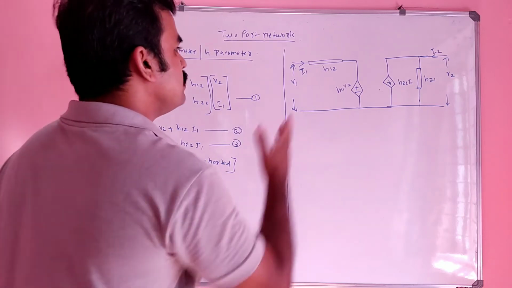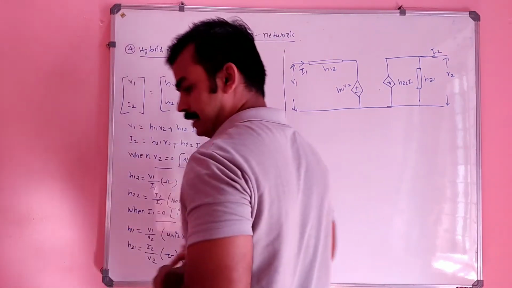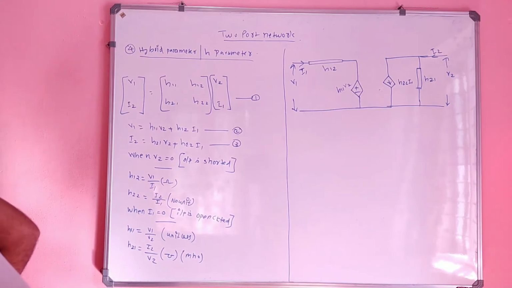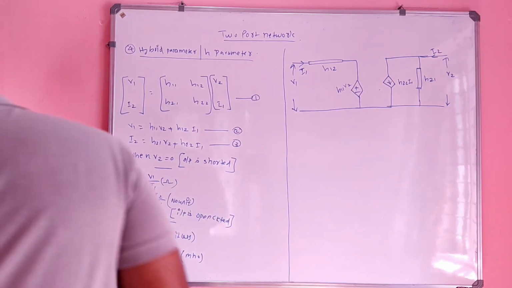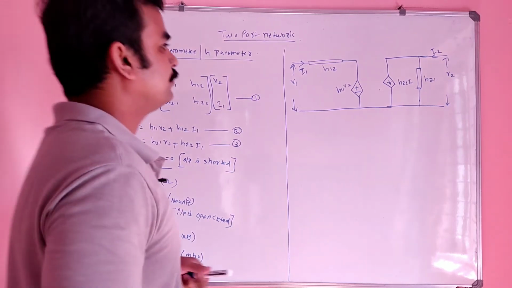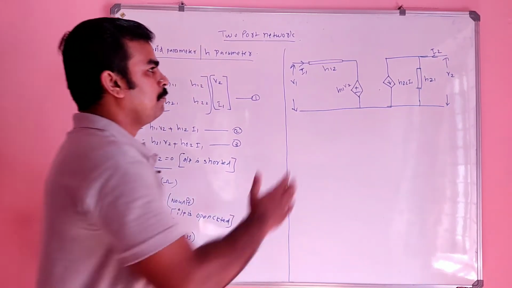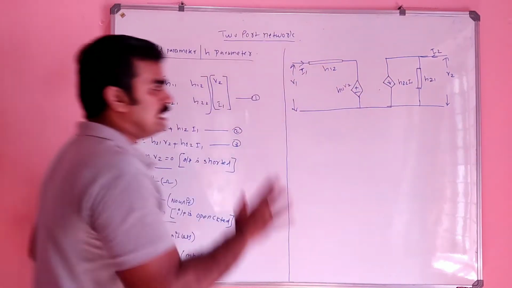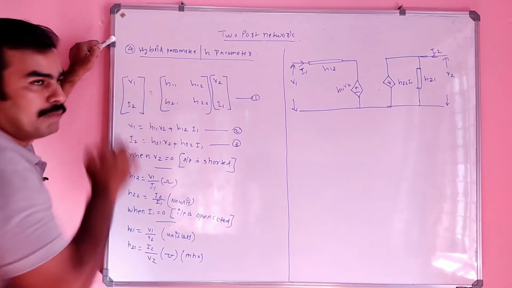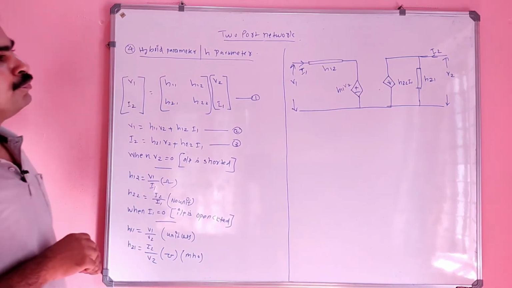See, this is the representation. Just note it. This is the representation of the H parameter, or hybrid parameter.